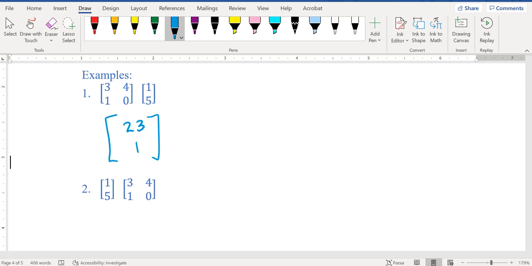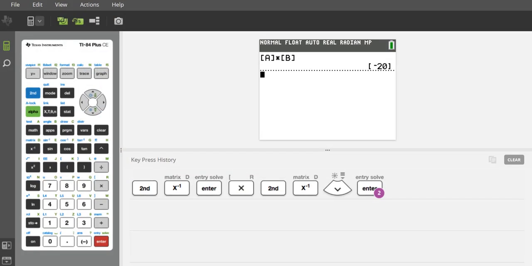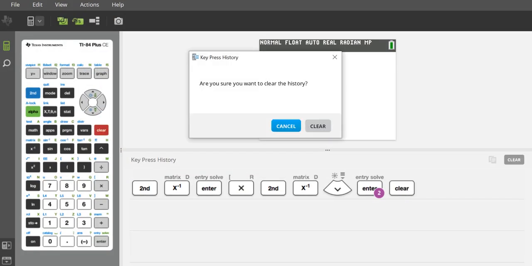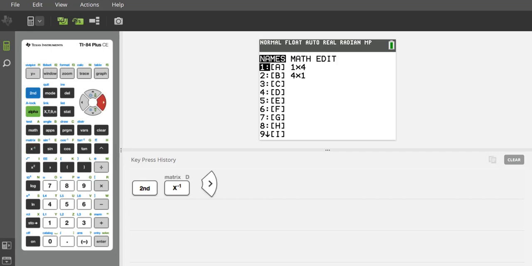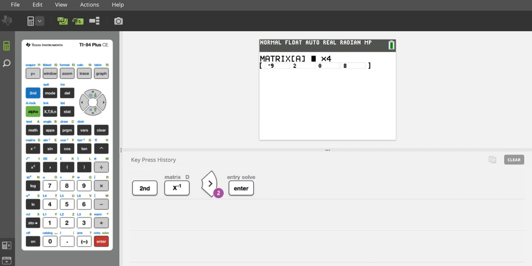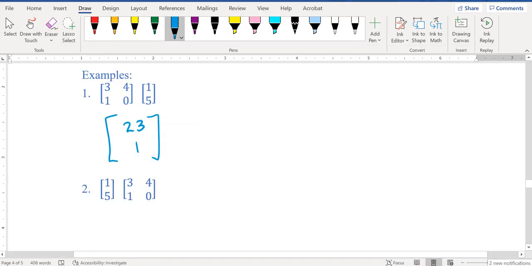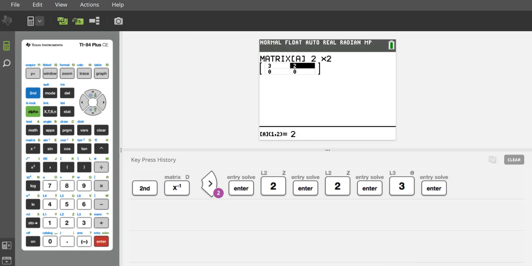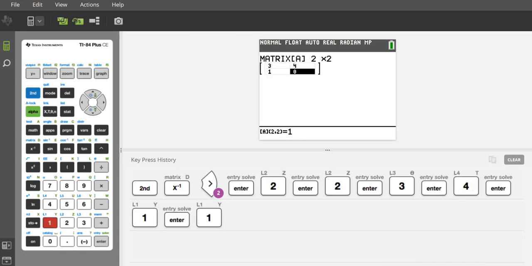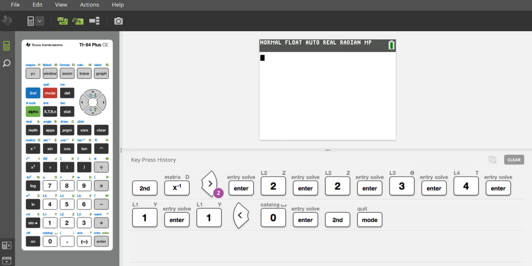Let's go look on our calculator. Second matrix, edit matrix A. It is a 2 by 2, and the matrix is 3, 4, 1, 0. Second quit.